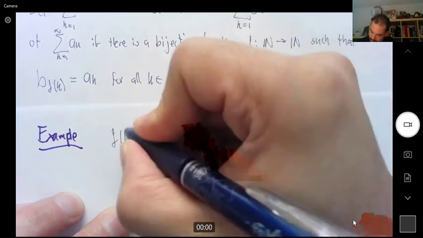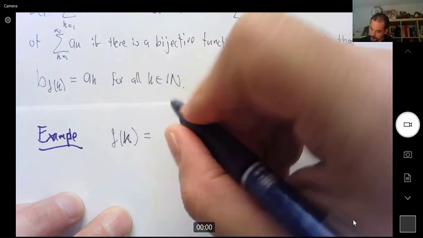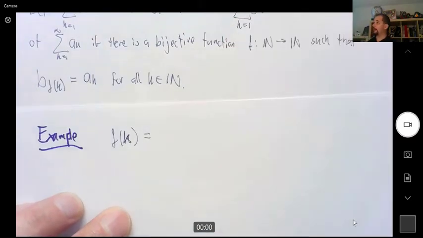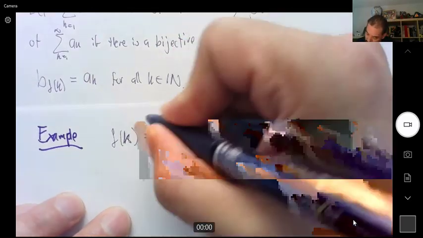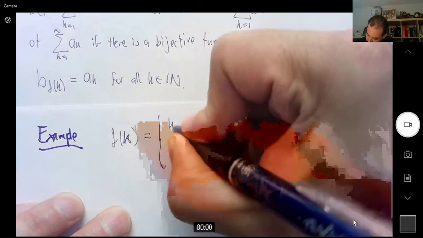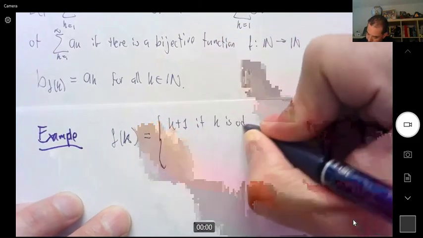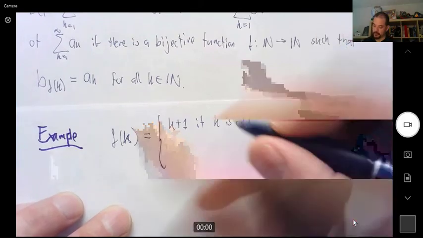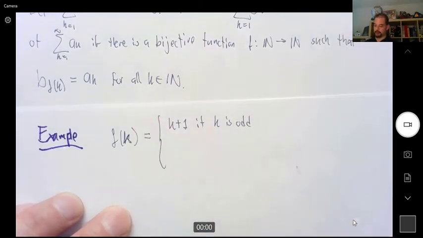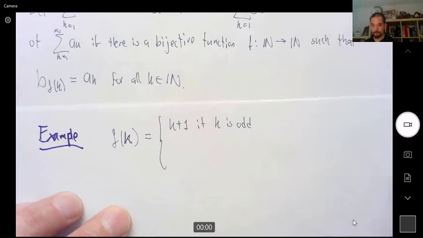Let's make the even ones go to the odds and the odds go to the evens, right? So I'm going to make f of k be k plus 1 if k is odd. Right, so the 1 will go to 2 and the 3 will go to 4, right?